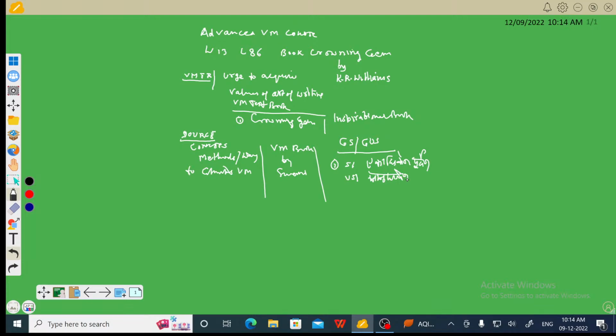This is a sequential logic, one more than the previous one. And Sutra 1 is a rule of proportionality.